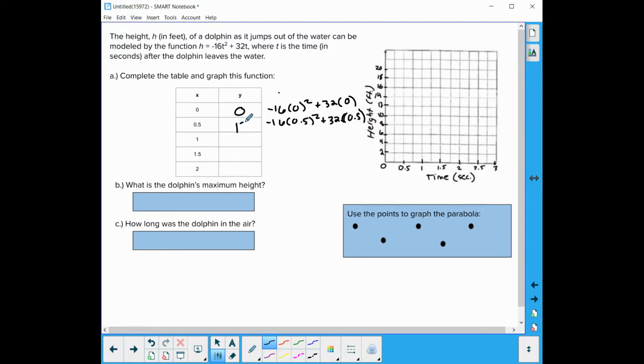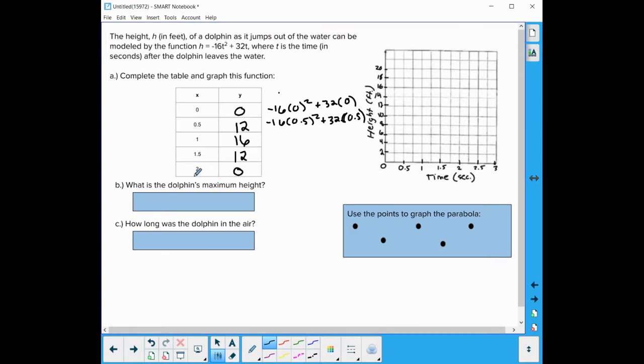And that gave me 12. Then I'm going to replace t with 1. And let's see what that gives me. If I plug in 1 for t, I get out 16. Then I'll plug in 1.5 and get out 12, and plug in 2 and get out 0.